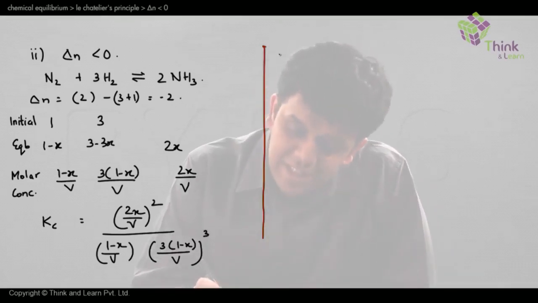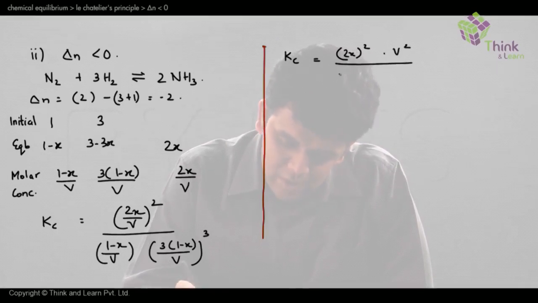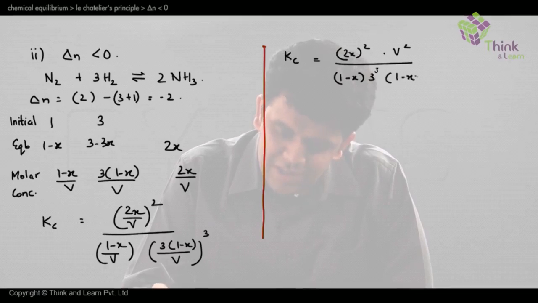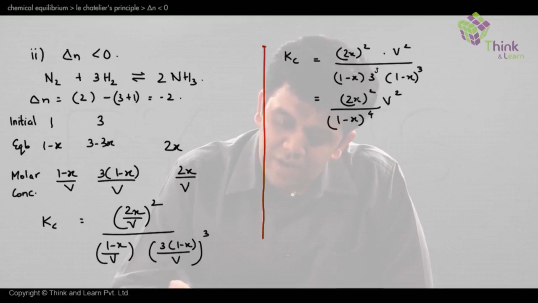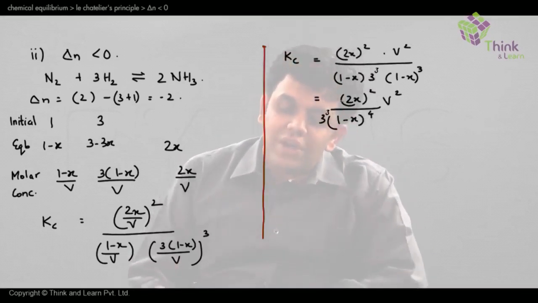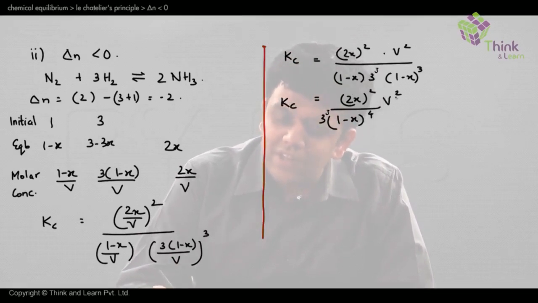So in this case, in Kc, if you look at it, it will be 2x the whole square into V square divided by 1 minus x into 3 into 1 minus x the whole cube, which comes to 2x the whole square divided by 1 minus x the whole raised to 4 into V square into 3. So now in this case, in the Kc term, there is a V component there.